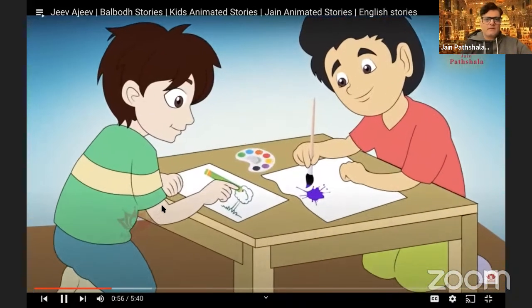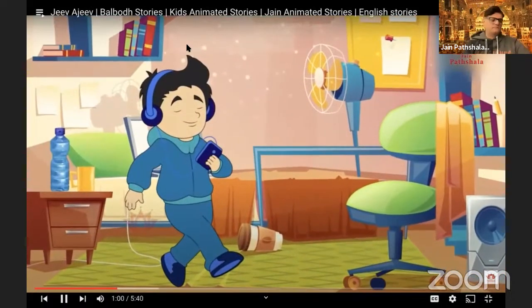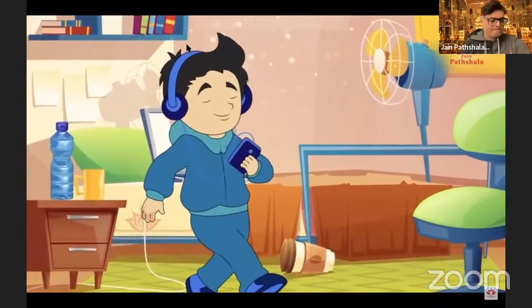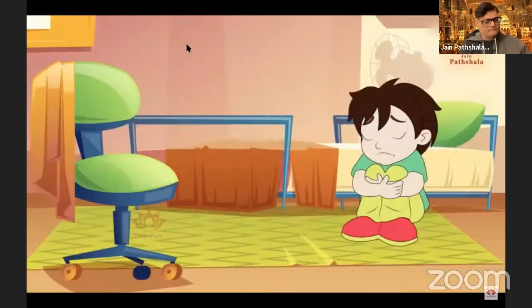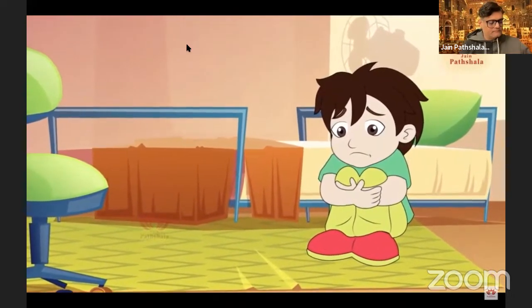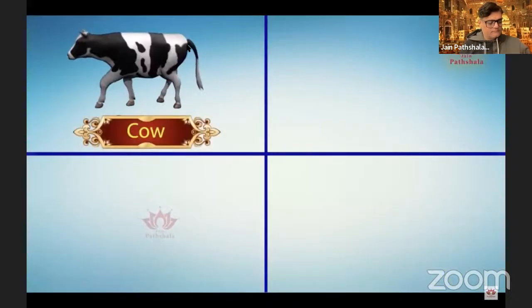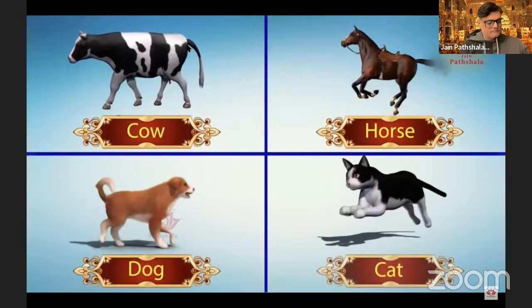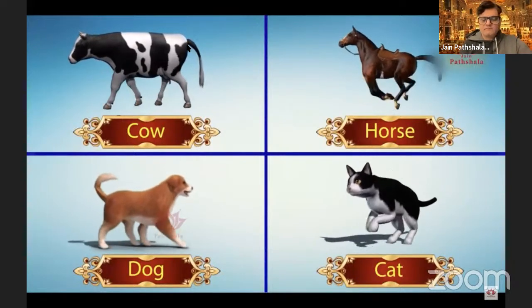See, one who can understand different colors through their eyes, who can distinguish different types of music through their ears, or can feel happiness or sadness, they are all jeev or living beings. Okay, so now think about animals like cows, horses, dogs, cats, etc. Are these living beings?